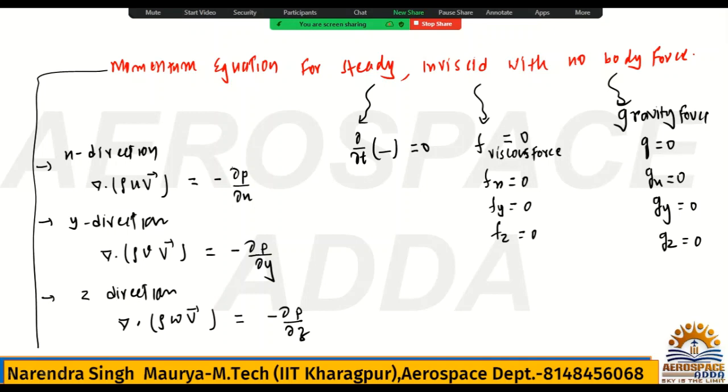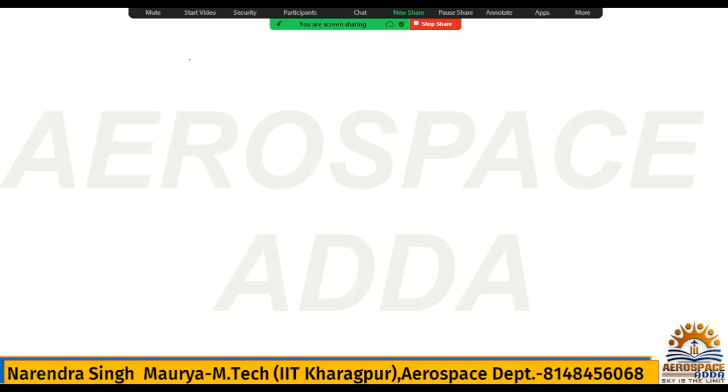If you open this and satisfy the streamline equation, then finally you can write the same in the x direction: u du is equal to minus 1 by rho dou p by dou x into dx. This is the step you have to perform.